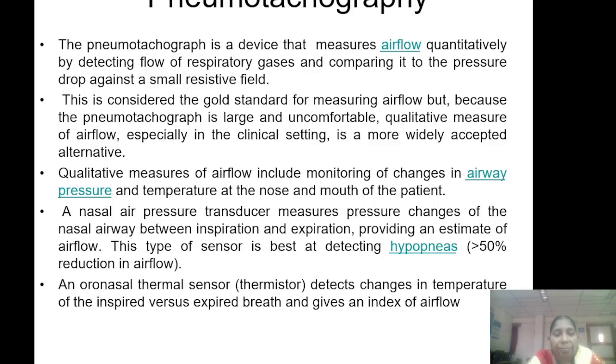And sometimes an oronasal thermal sensor, which we call a thermistor, is used to detect the changes in temperature of the inspired versus the expired breath, and it also gives an index of airflow. So to measure airflow, not only the pneumotachograph, we have the nasal air pressure transducer and the thermistor.